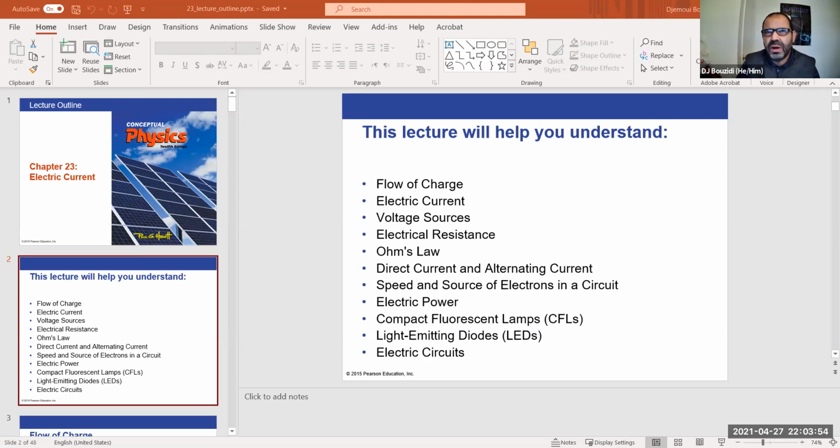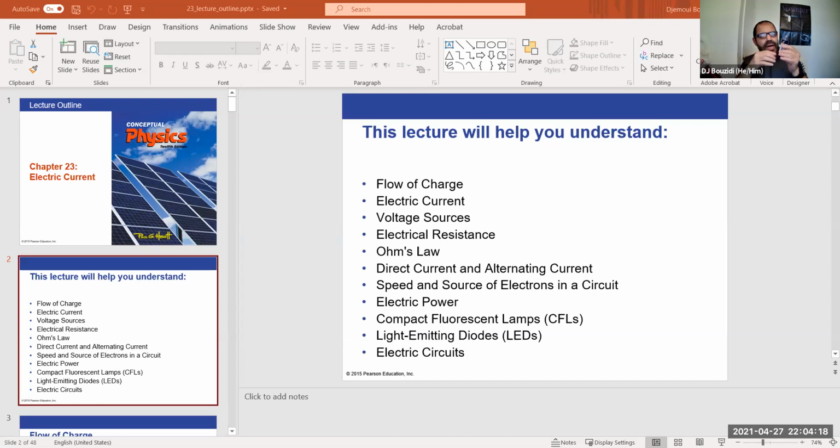Then we're going to talk about Ohm's Law. Ohm's Law relates the current in a circuit to the voltage in the circuit, with resistance. That is basically what Ohm's Law is. There is a difference between this type of voltage, which is a direct current voltage. That means that there is a steady current going around from the positive to the negative.